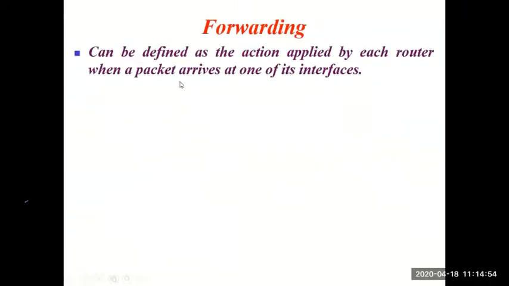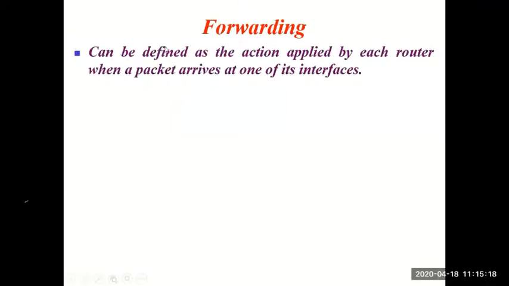Next is forwarding. As I told you, forwarding is nothing but the action applied at each router when a packet arrives on one of its interfaces. In the example, if a packet arrives from Sky Research Labs on interface 1 at router R2, it will look at the destination address, which is in scientific books.